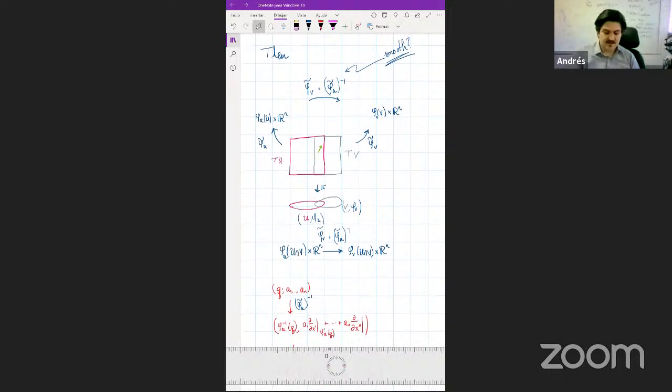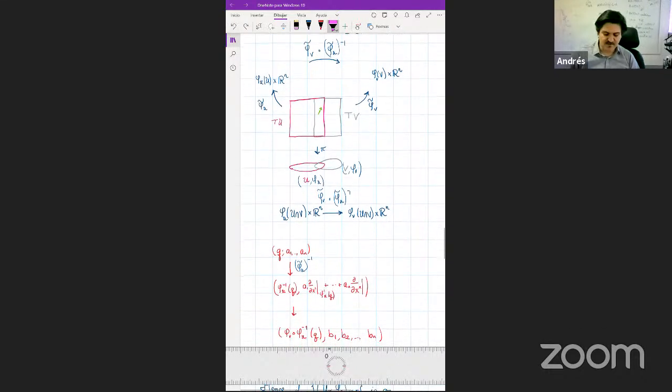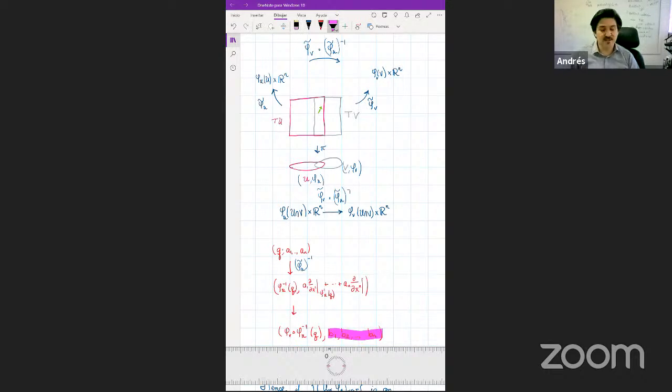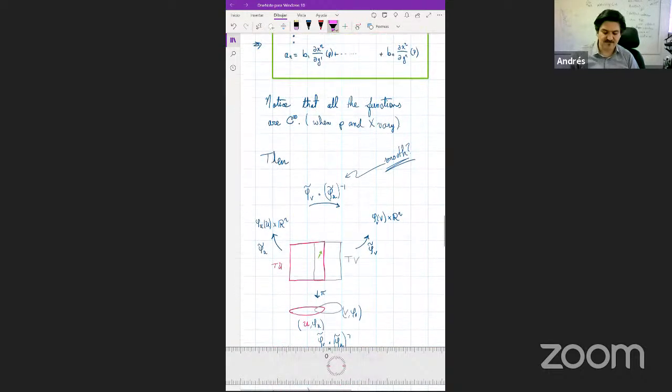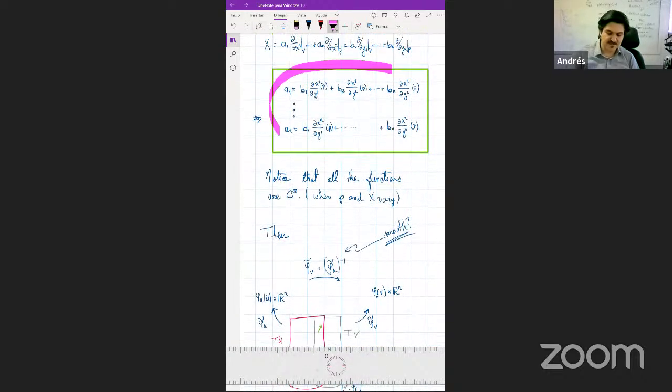Now, basically I'm here, I just did this, now I have to go here. So for that, I apply phi of V to this, and then I just wrote the v's, but this should be understood in terms of this.